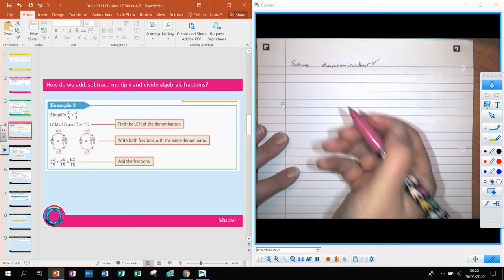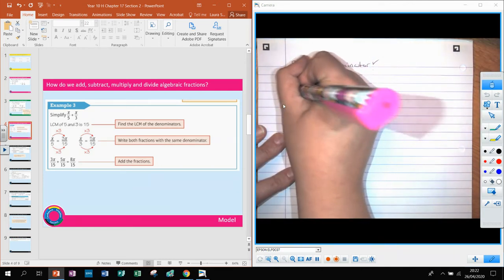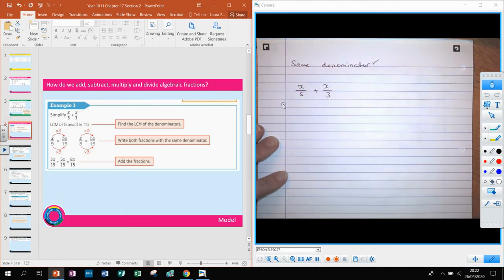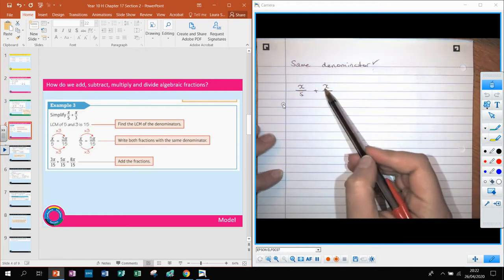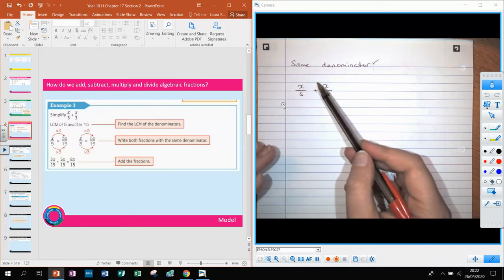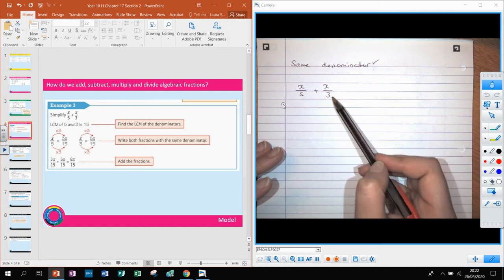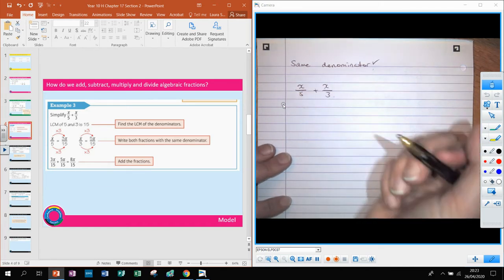So the example here on the left is x over 5 plus x over 3. If we had numbers on the top, we would know that we would need 15 in the denominator, because that is the lowest common multiple of 5 and 3. And that's exactly what we're going to do here.